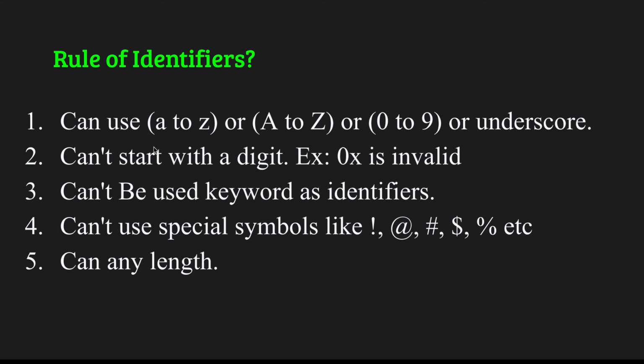The second rule is we cannot start an identifier name with a digit. For example, 0x is invalid, so we cannot use 0x as an identifier name.